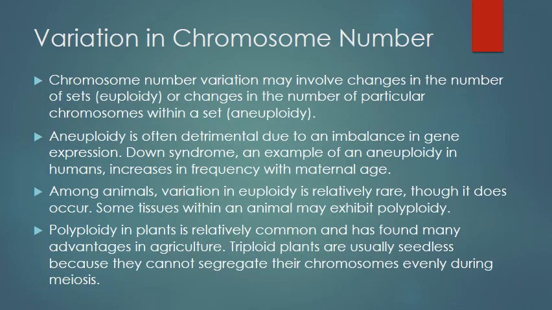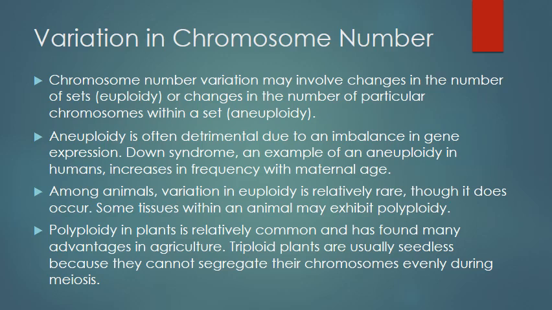Now we move to the variation in chromosome number. Chromosome number variation may involve changes in the number of sets, euploidy, or changes in the number of particular chromosomes within a set, aneuploidy. Aneuploidy is often deleterious due to an imbalance in gene expression. Down syndrome, an example of aneuploidy in humans, increases in frequency with maternal age.